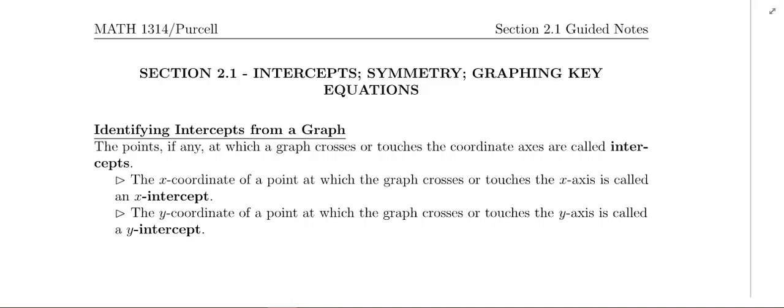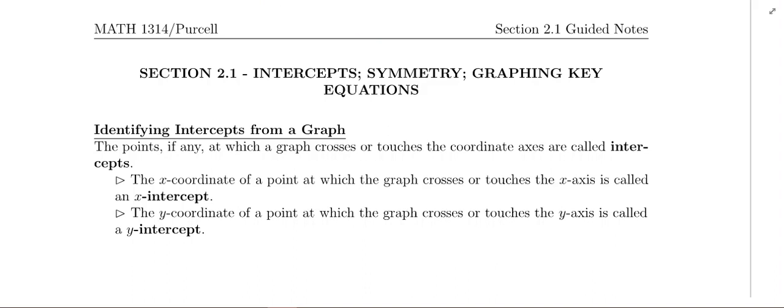So when you hear that word intercept, that's referring to both the x-intercepts and the y-intercepts of the graph of an equation. The x-intercept is going to be the point or points where your graph intersects the x-axis, and your y-intercept is going to be the point or points where your graph intersects the y-axis.